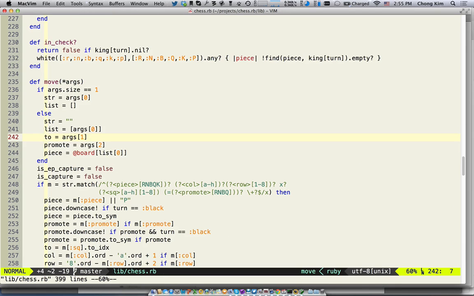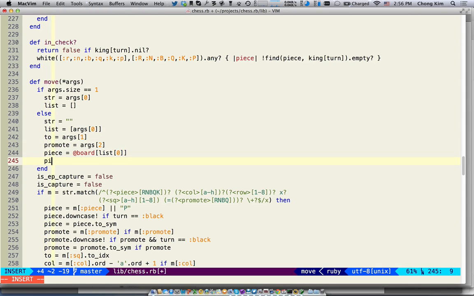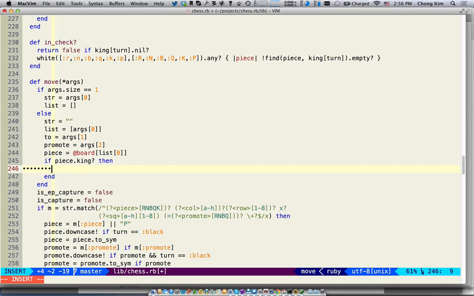So we'll go back to here and we'll say that if the piece, okay, so we have the piece here, and we'll say if piece is a king, then we're going to remove the castling.